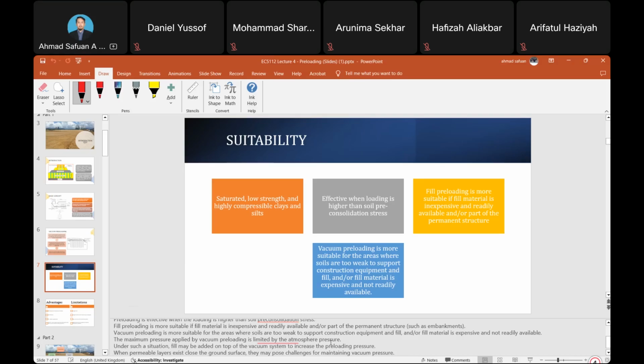Because usually the top of the soft soil, or we call it the topsoil, is less permeable compared to the soft soil. So if we deal with a full soft soil, there will be a problem with the use of vacuum preloading.